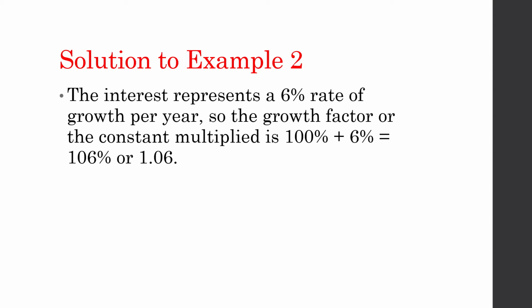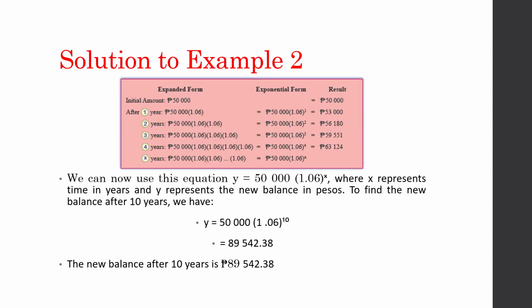To find an equation that can be used to find the new balance after any number of years, by considering the yearly calculations, we have this equation. So we can use now this equation: y is equal to 50,000 multiplied by 1.6 raised to x, where x represents time in years and y represents the new balance in pesos.